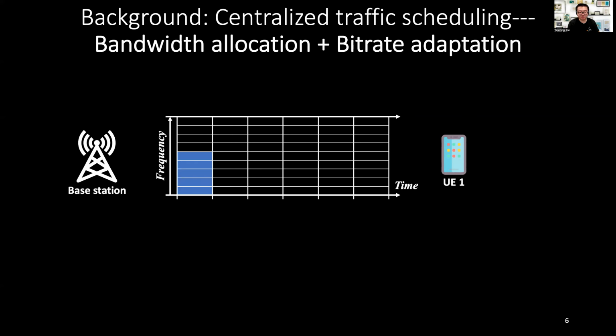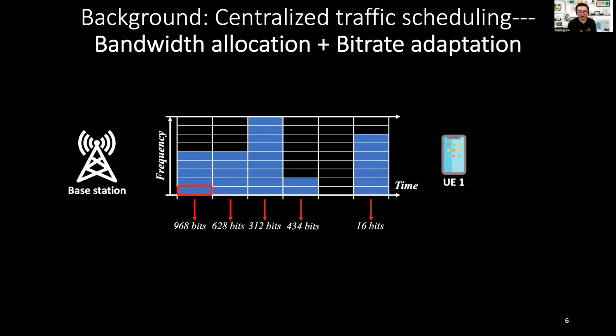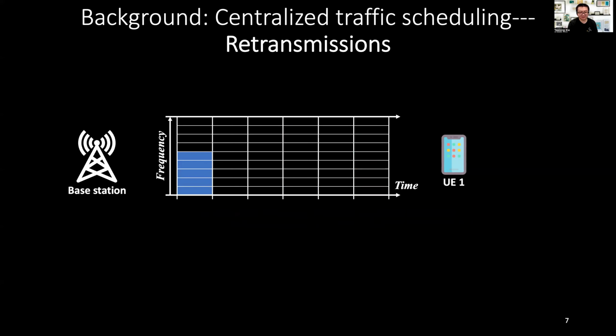Specifically, the base station controls how many PRBs are allocated for each user inside each subframe. It also schedules how many bits go inside each PRB. And the base station changes its configuration across subframes.